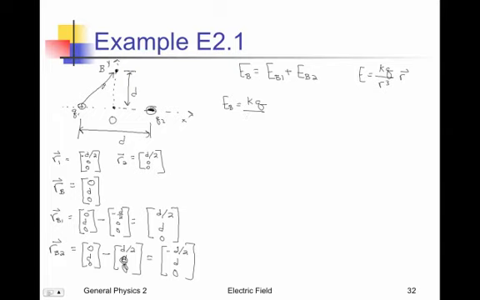I can look at it and figure it out, but I can also use my vector R_B1. What I'm looking for is the magnitude of R_B1, which is the square root of R_B1x squared plus R_B1y squared. That's the square root of D over 2 squared plus D squared, so D squared over 4 plus D squared.